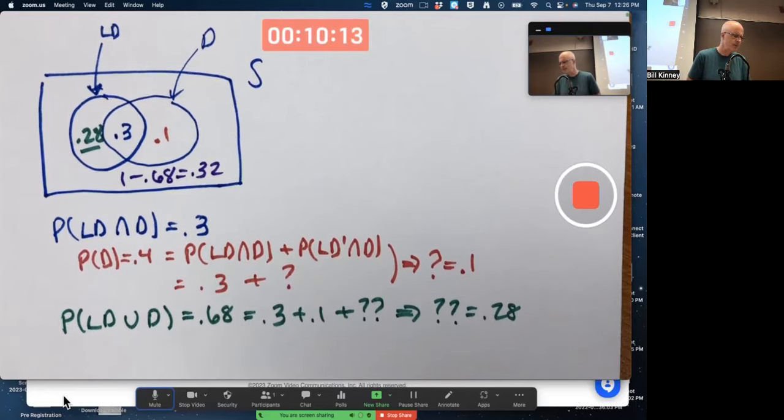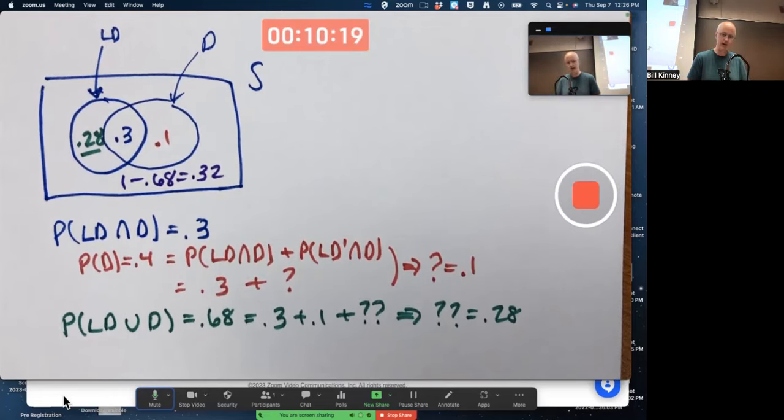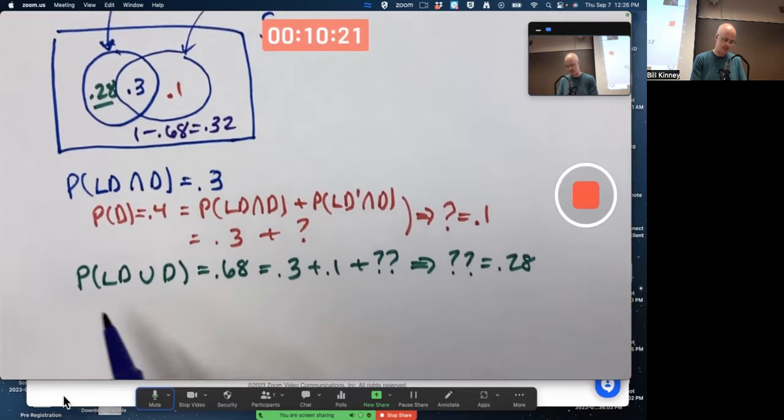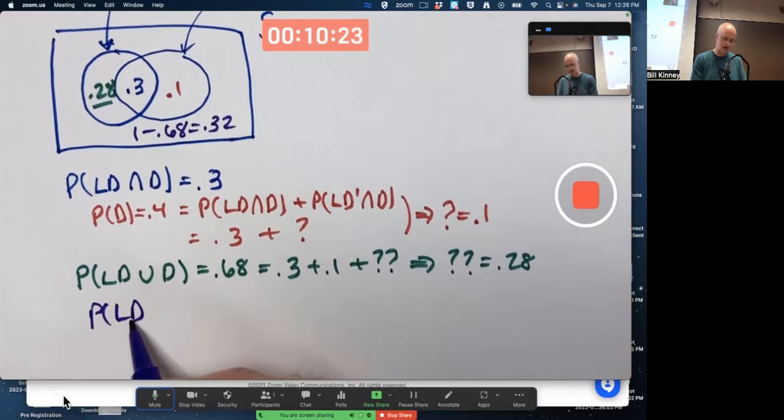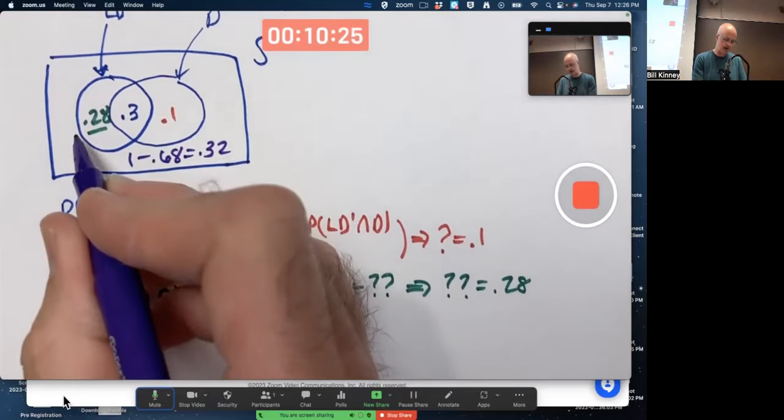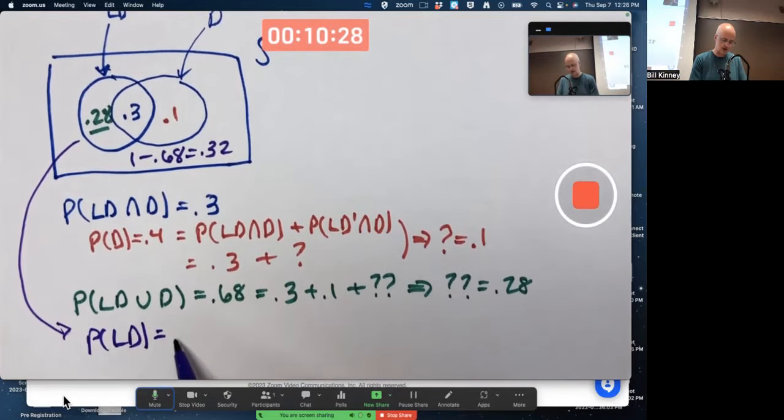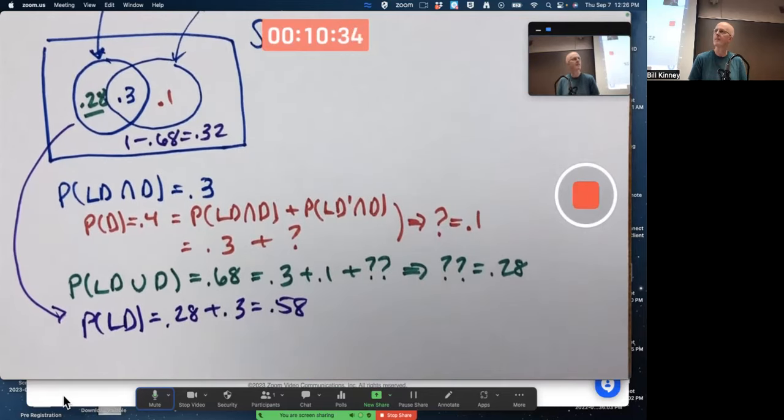We're asked, what is the probability that a randomly selected worker is exposed to the LD50? Okay, that's in here. It's good enough based on the diagram to just go ahead and write that as 0.28 plus 0.3 is 0.58. That's the answer to the first question. Could you write this as axiom 3 in terms of probability?